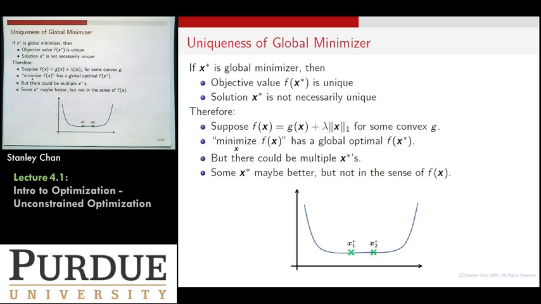When do you get unique global minimizers? You only get that when you have a strictly convex function. Now, what is a strictly convex function? A strictly convex function means that it's a function without any flat region at the bottom. Okay, so that is called a strictly convex function. This is called a convex function, but it's not strict because at the bottom you will have values that they share. Okay, that's why people love convex optimization, especially they love strictly convex problems, because any local minimum will be a global minimum because of this convex shape.